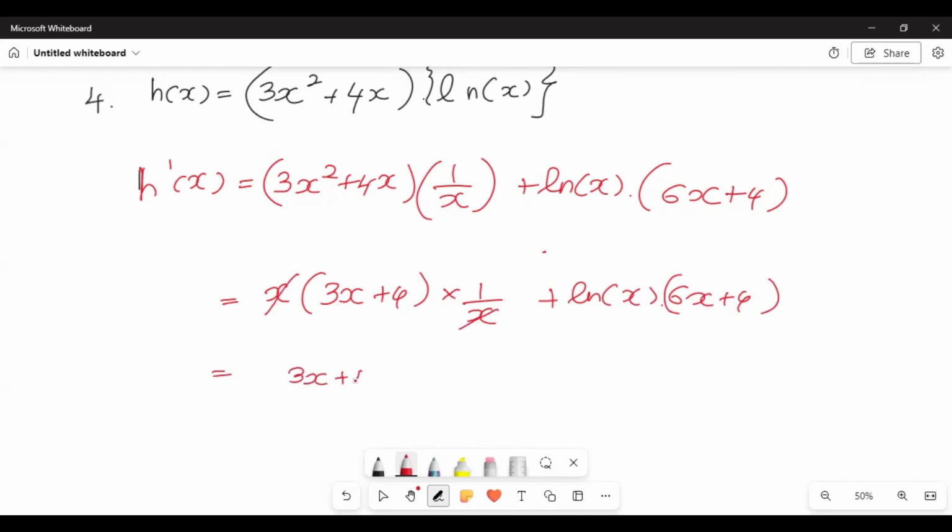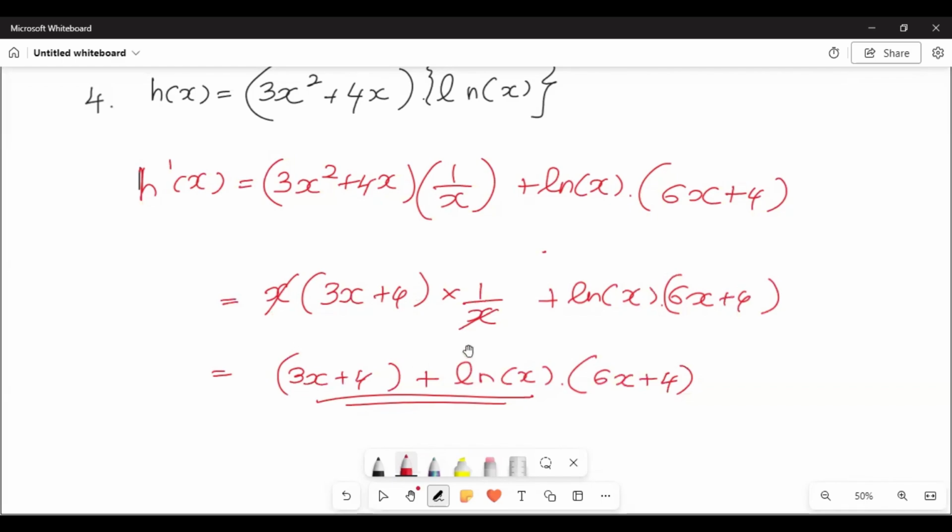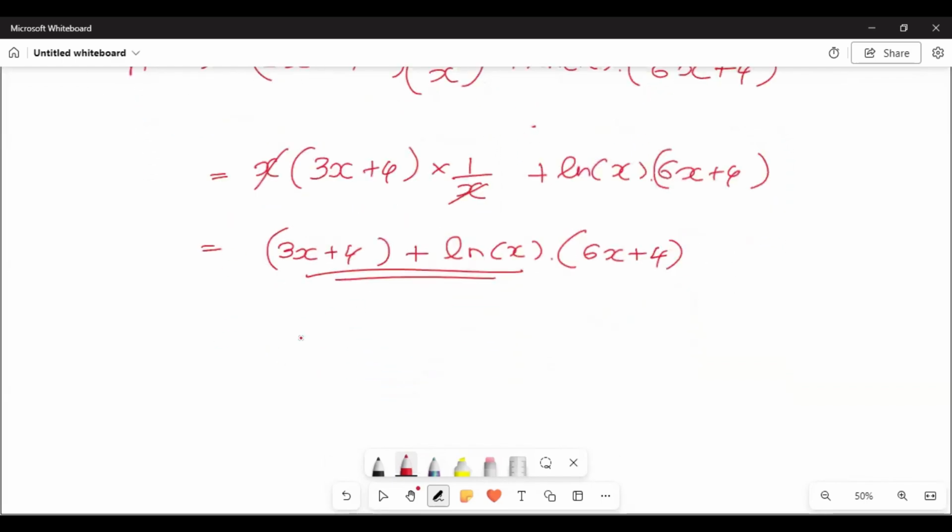So 3x plus 4 plus ln x times (6x plus 4). Actually, you can't cut, it's dividing. But in general, we say cutting a number: if x is in the denominator and the other x is in the numerator, you can divide. So that's why. Okay, now we got the answer.